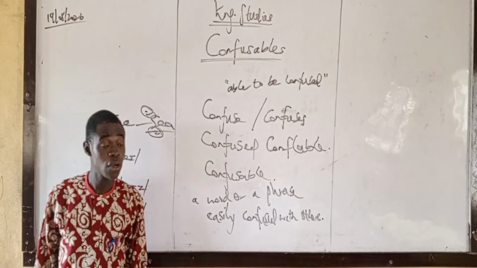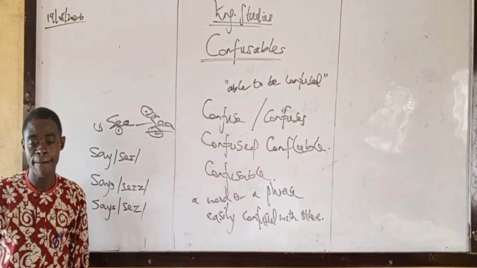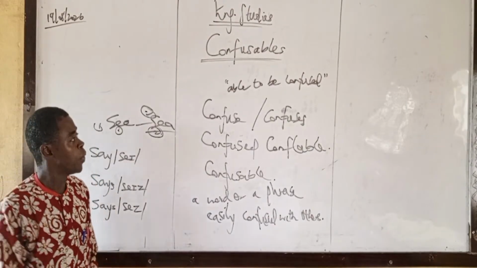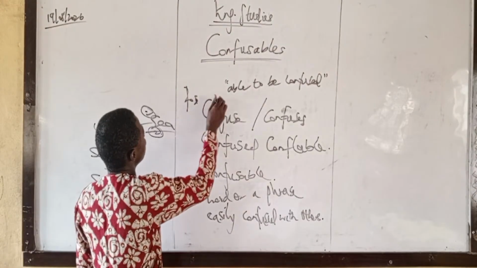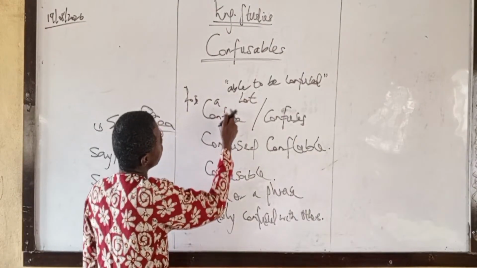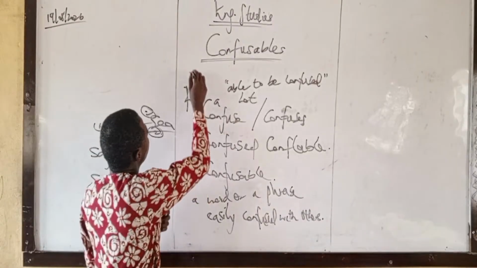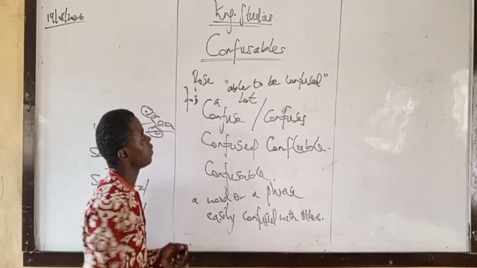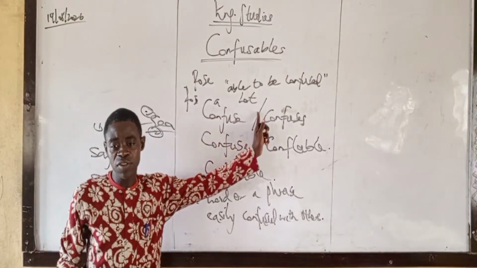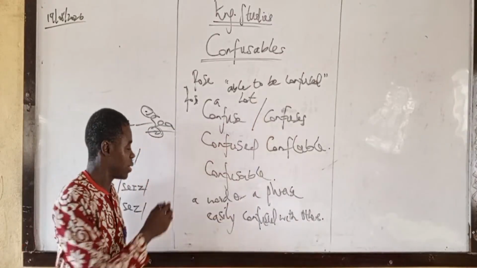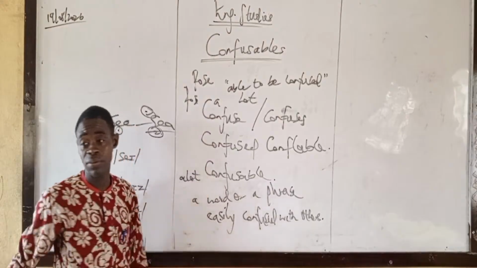Confusables pose a lot. Please, the word a lot is not spelled together. What do you say? Confusables pose. Please, the word a lot is not spelled together. There is no word as this in English.